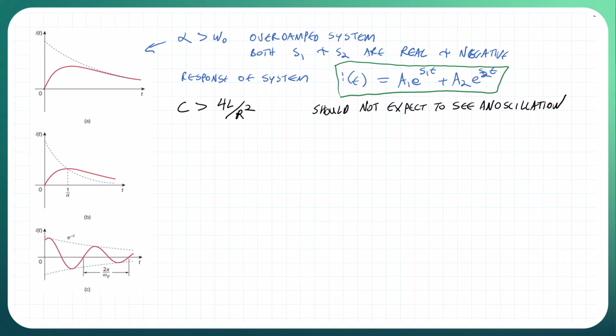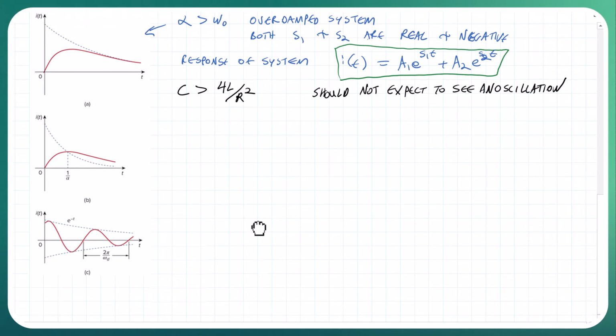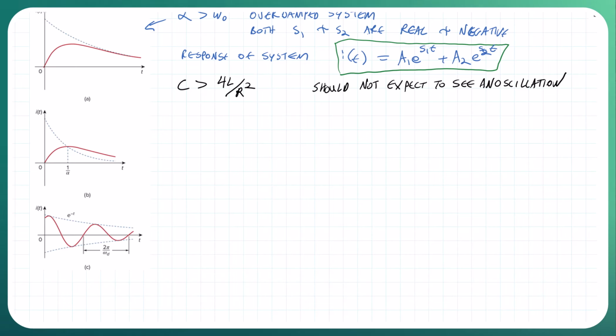So let's look at the second figure here, where we have a critically damped system. Okay, so the second figure here, let's scroll up just a little bit, where we have alpha equals omega naught, and that's critically damped.